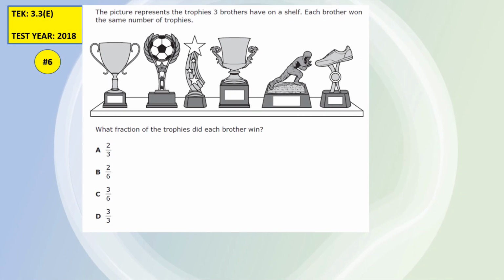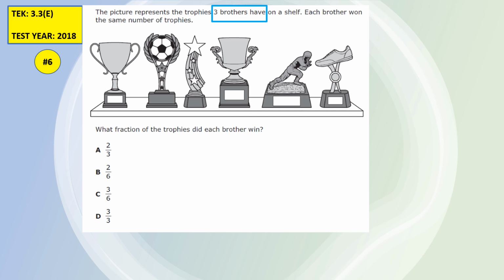Number 6 says, the picture represents the trophies 3 brothers have on a shelf. Okay, so you have all of these trophies and you have 3 brothers. Each brother won the same number of trophies. What fraction of the trophies did each brother win?